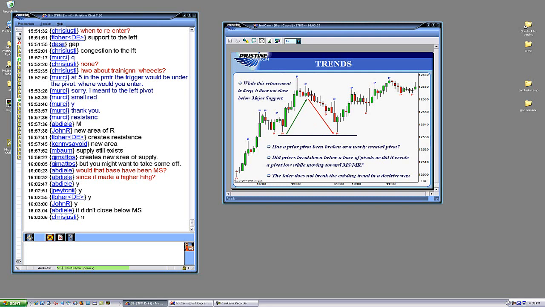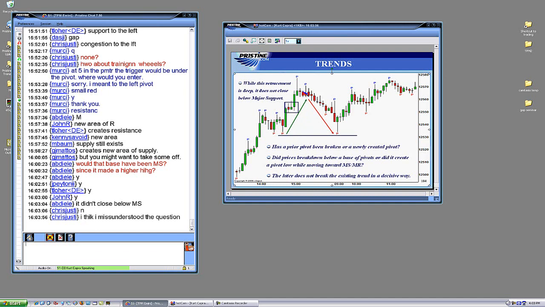It did break minor support, right? Minor support being right in here. This is our area of minor support, but the trend is defined by major support, which we never did break. Did you see that, Chris?